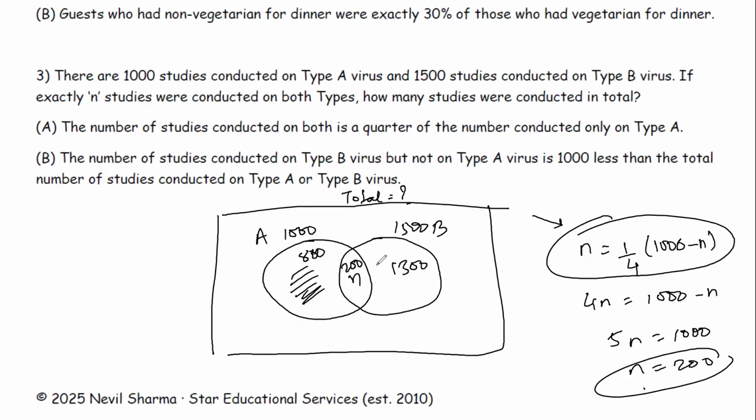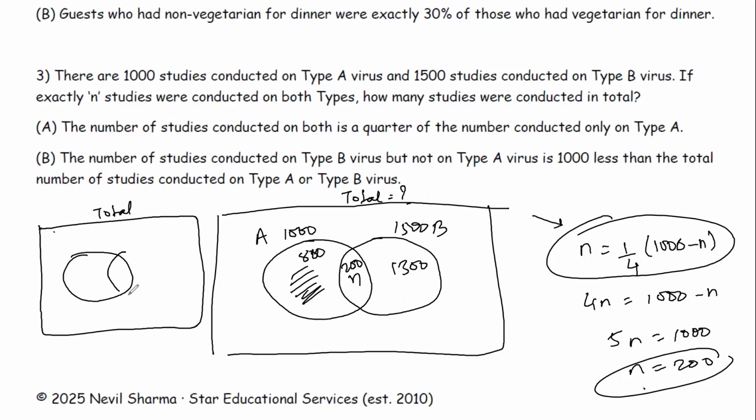Okay. Right. Now let's look at the second statement. So hang on, I'll just redraw it out here. The total is what we need to find out. This is A, this is B, that's 1,000, that's 1,500. And n is not given this time.